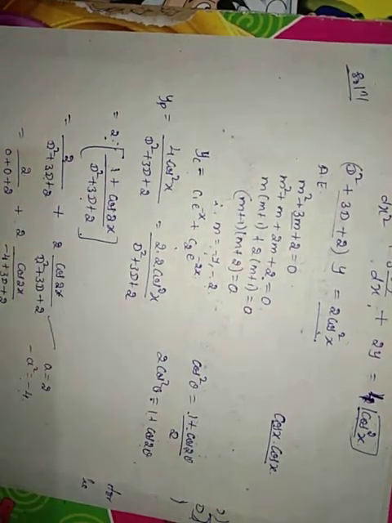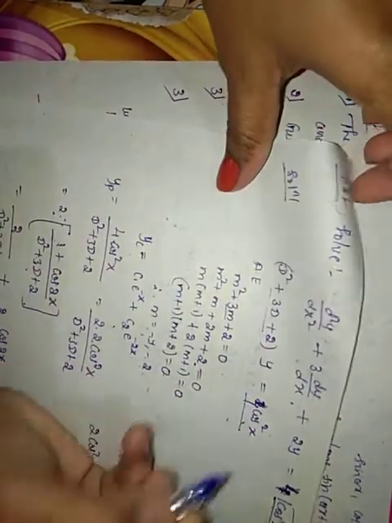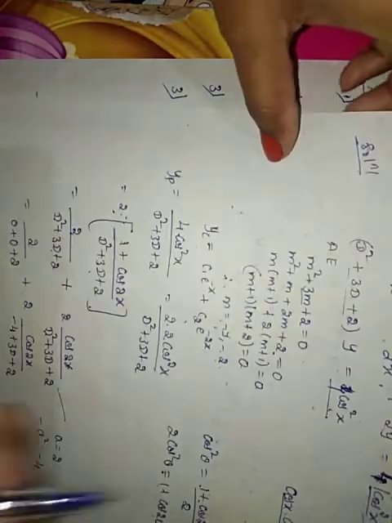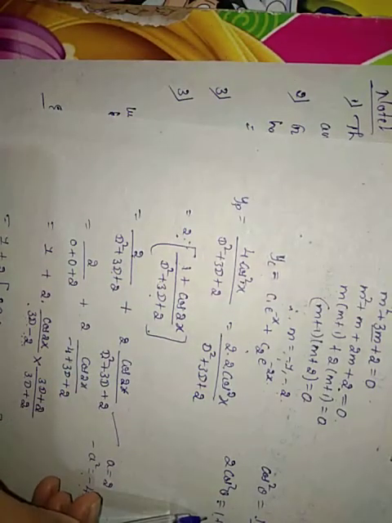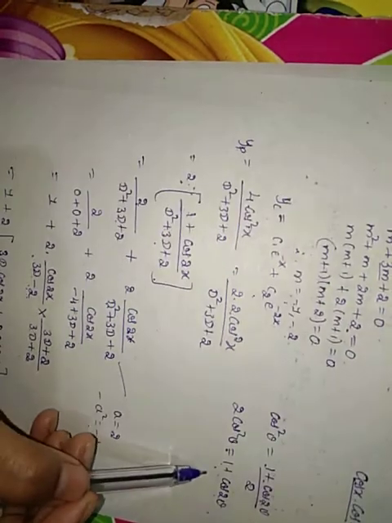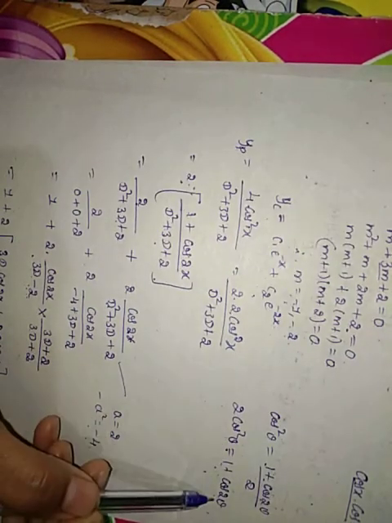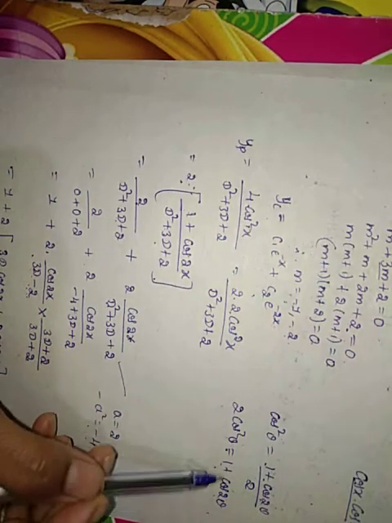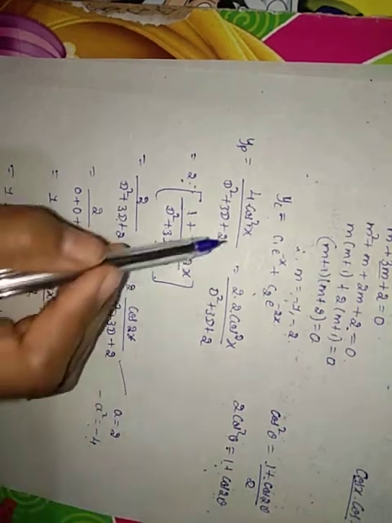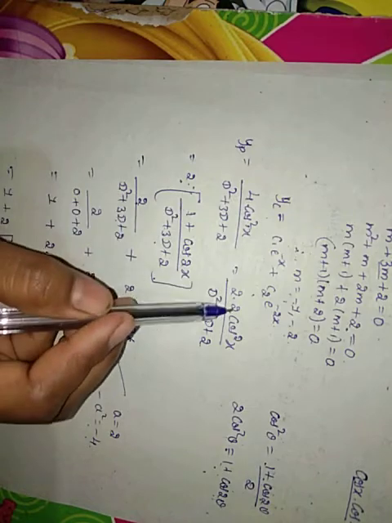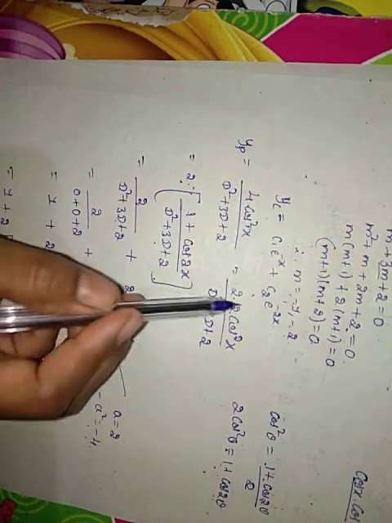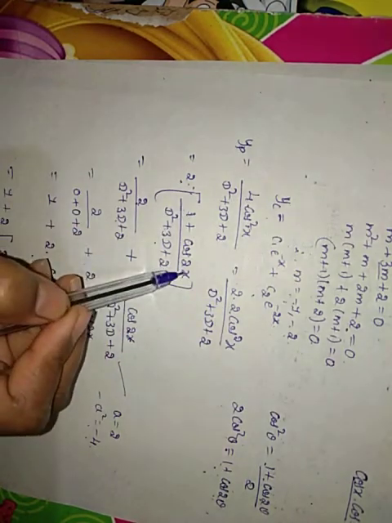See here, it is 4 cos square x. When it is of the cos square x form, use the formula 1 plus cos 2 theta by 2. So 2 cos square x is equal to 1 plus cos 2x. Replace cos square x by splitting the 4 as 2 into 2 cos square x, with 2 cos square x as 1 plus cos 2x.